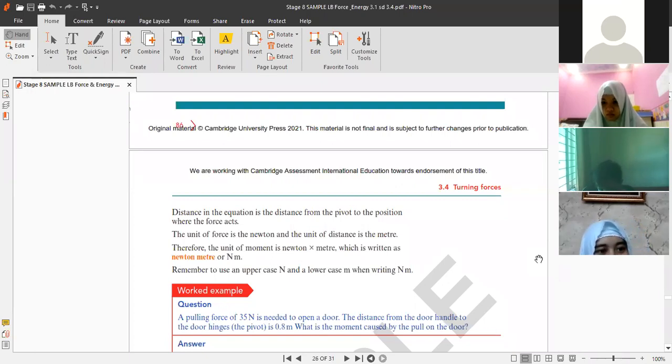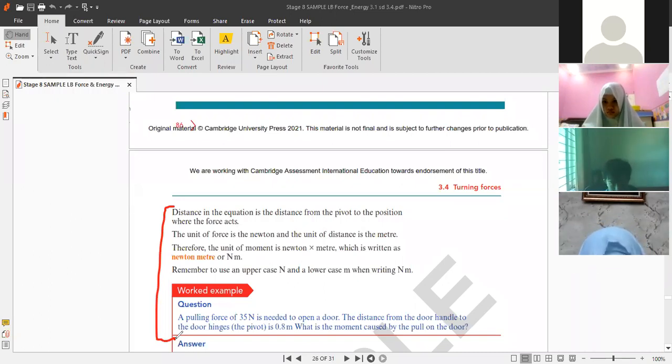I'm fine. Very good. Now Mbak, before working on examples or before reading the questions, would you like to read from here until here? Okay, please. Distance in the equation is the distance from the pivot to the position where the force acts. The unit of force is the Newton and the unit of distance is the meter.